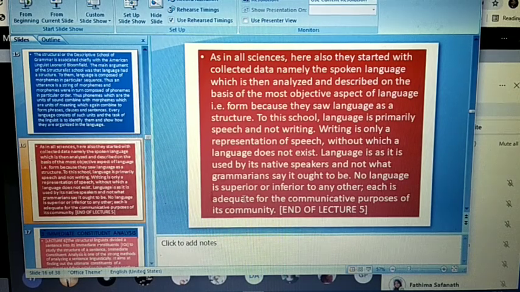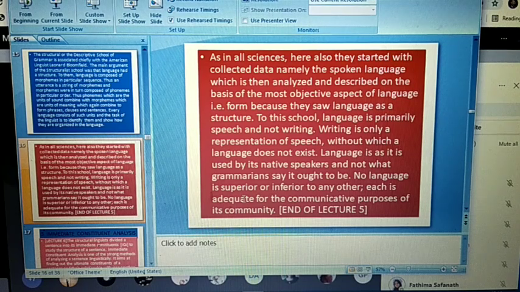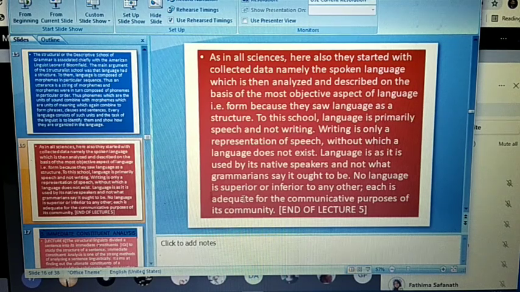And they also say no language is superior or inferior to any other. Each is adequate for the communicative purposes of its community. I don't know if I told you, as per Ethnologue. What is Ethnologue? Ethnologue is the authentic document on languages.